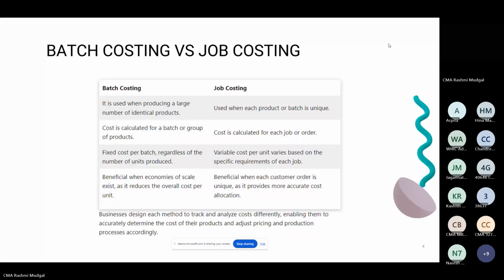In batch costing, we can go with a pharmaceutical company, because they make medicine in batches. They are not going to make one capsule. So they go with their type of industry. Next comes process costing.